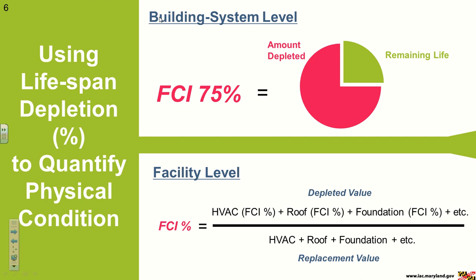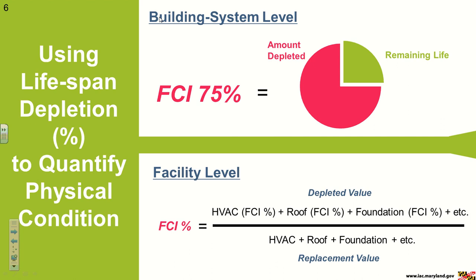And then we divide that by the replacement value of those same building systems at 100%. And that gives us a weighted FCI, based upon the replacement value of each of the systems, that is appropriate to that facility.